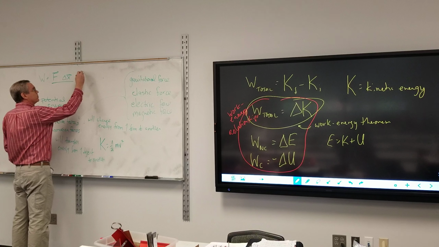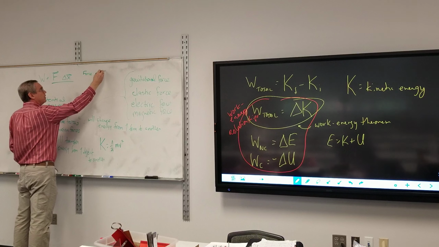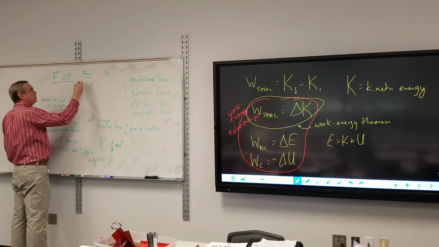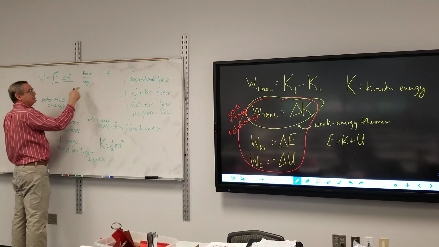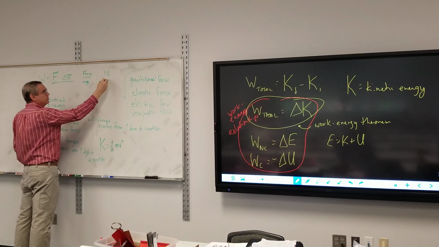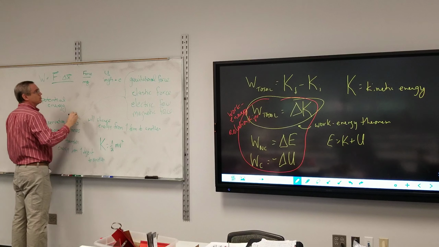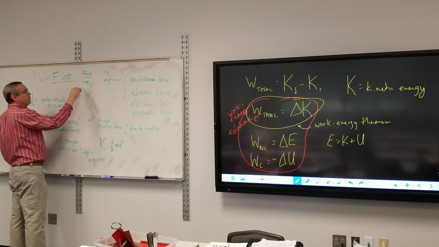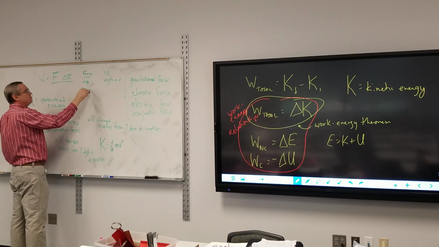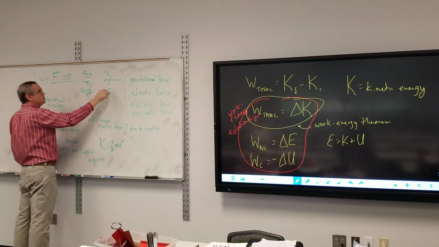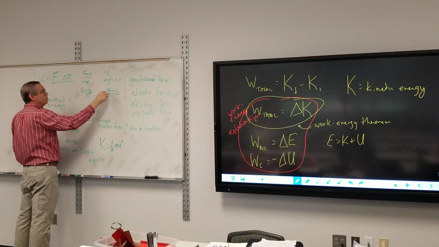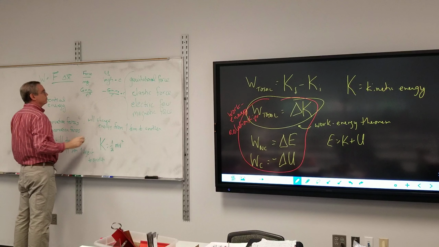So if we're talking about mg, weight, the potential energy formula is mgh, plus a constant. If the force is the generalized gravitational force, big G, mass 1, mass 2 over r squared, the potential energy is negative G, mass 1, mass 2 over r, plus a constant.